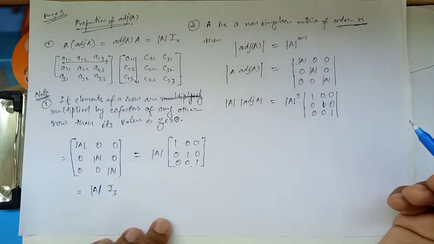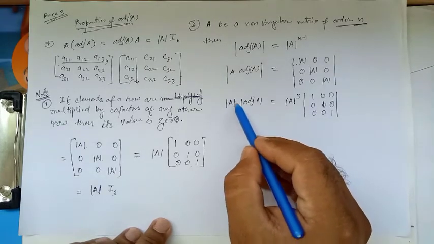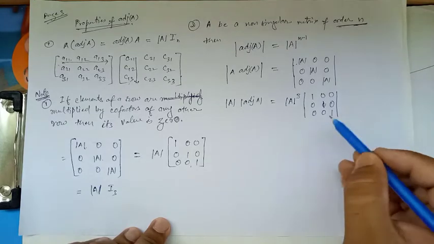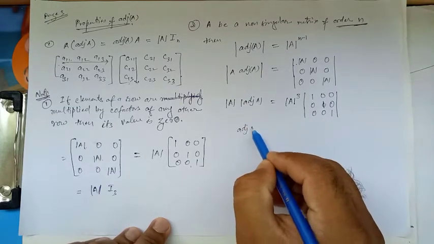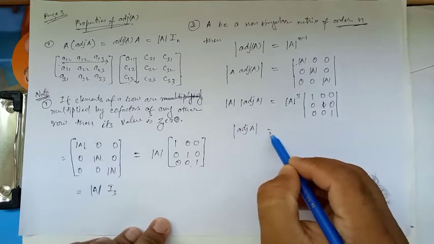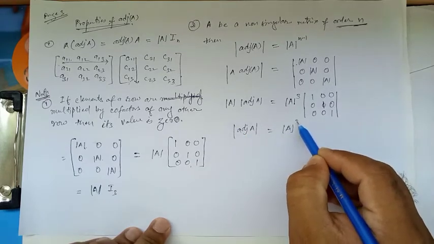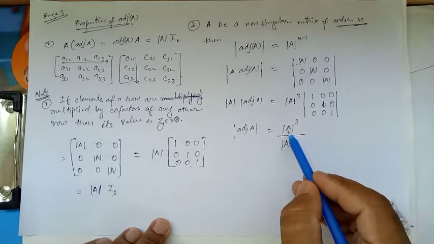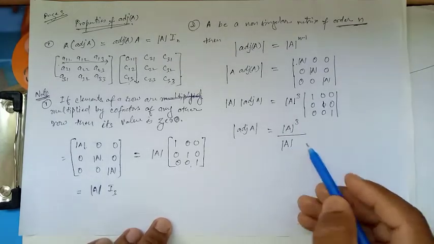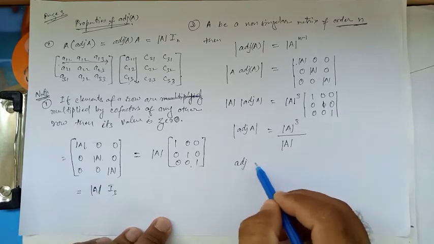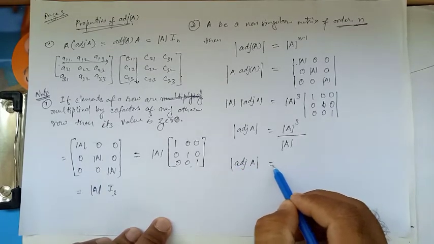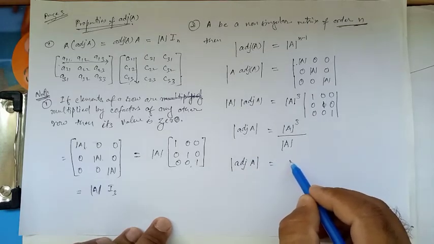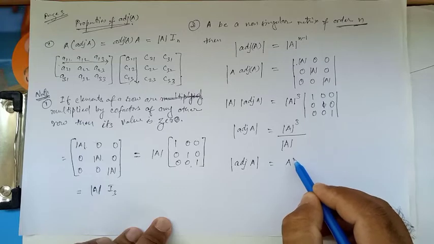So again we have this determinant of A, and the value of this one is 1 only, therefore determinant of adjoint A will give you determinant of A to the power 3 whole divided by determinant of A. So determinant of adjoint A will give you this as determinant of A to the power 2.